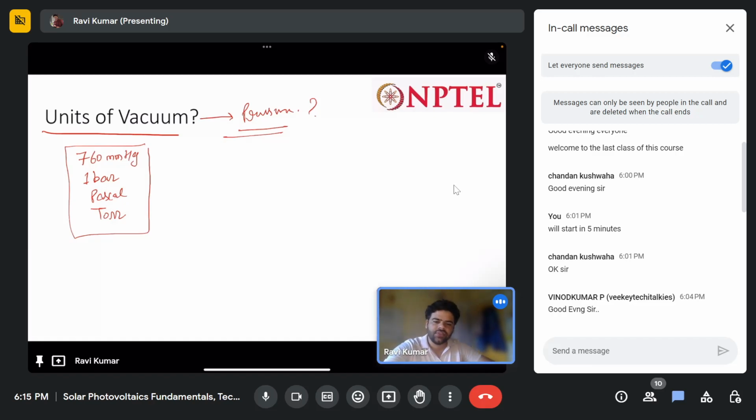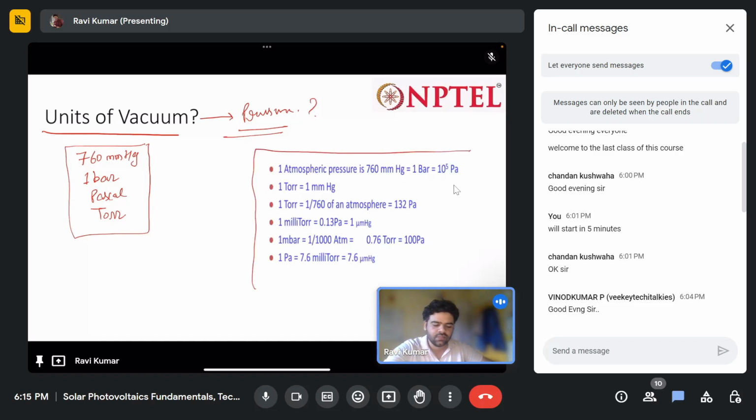Here are the relations between different units. One atmospheric pressure is 760 mm of Hg, and the measurement can be done with a special instrument having Hg, which will show a 760 mm level of Hg at sea level.